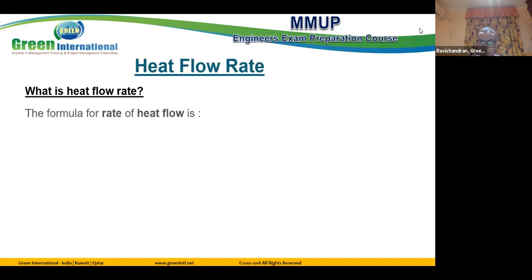In HVAC, we don't have many equations, but it is important that the numerical questions come from some specific equations. We have some examples for convection, conduction, and radiation. I bring one or two examples for each.